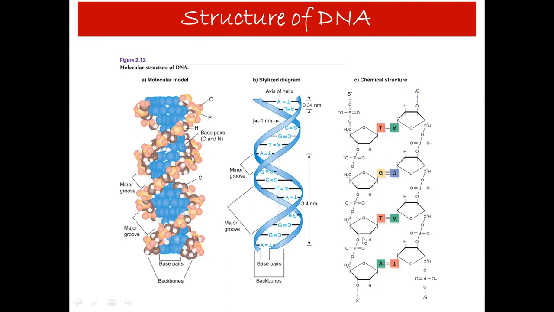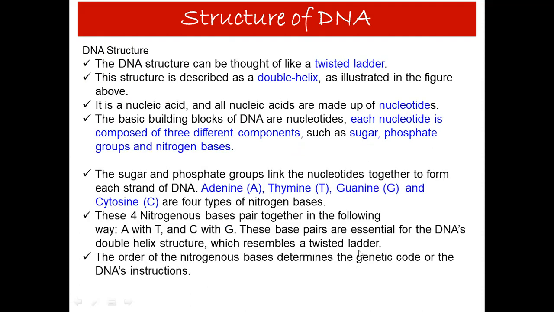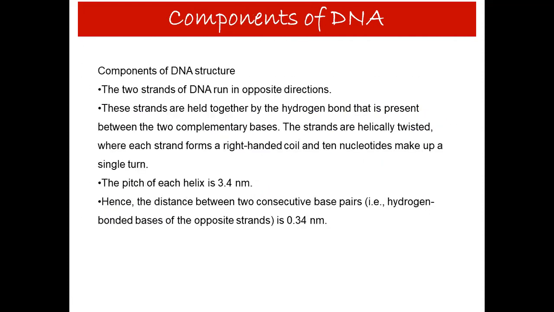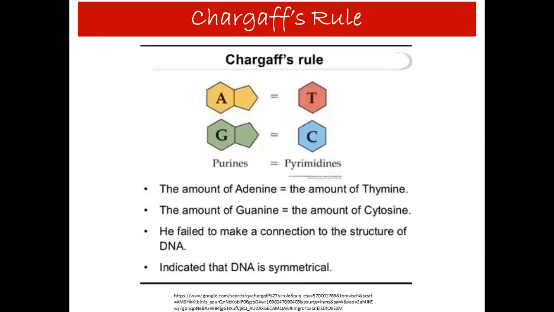The sequence or order of the nitrogen bases in a DNA molecule is the genetic code of any life form. Dr. Erwin Chargaff first observed this possibility of complementary base pairing during his experiment.